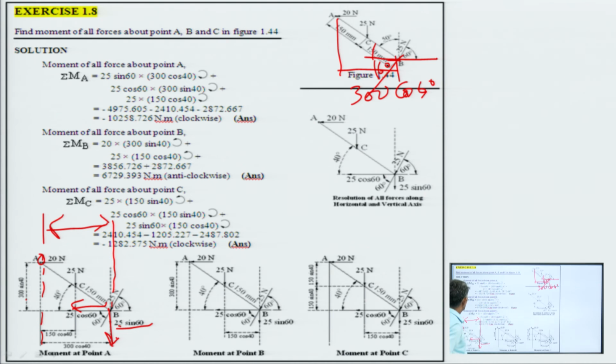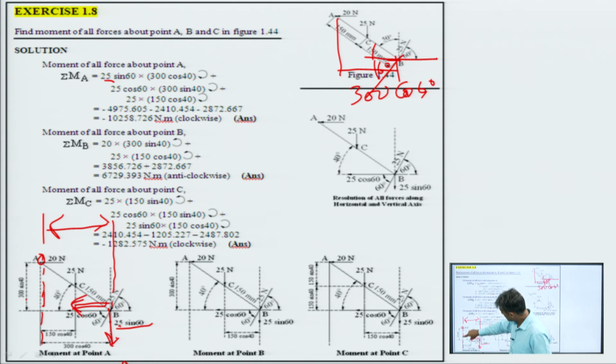Now the moment: 25 sin 60 into the perpendicular distance, and for this component, 25 cos 60 into the perpendicular distance.